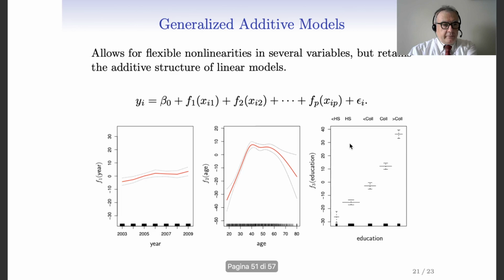Okay, let's now discuss the final topic of the chapter, that is generalized additive models. The idea of generalized additive models is to keep the best from linear regression and the best from nonlinear models.